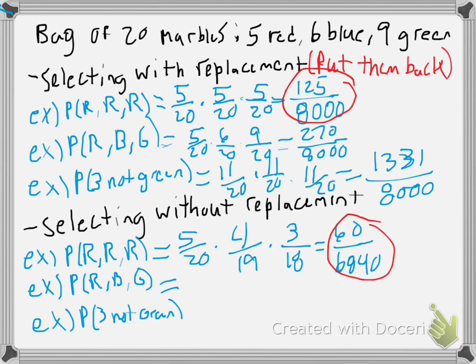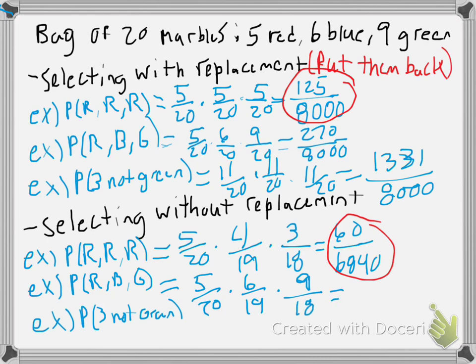So once again, we're sampling without replacement. We want to know the probability of getting a red, a blue, and then a green. So the probability of getting a red, 5 out of 20. Probability of getting a blue after we selected that red, well, there's 6 blue, but now there's 19 total marbles. And then the probability of getting a green, well, there's still 9 green marbles, but there is only 18 to choose from.